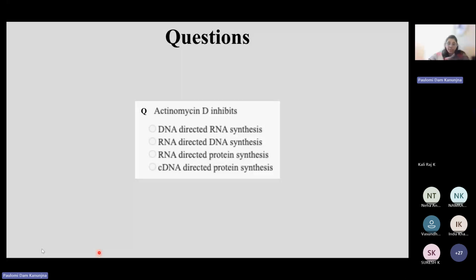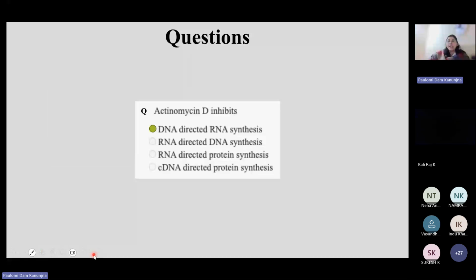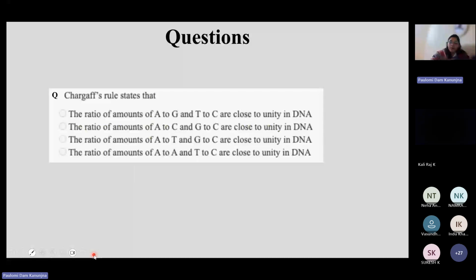Okay, so when he used actinomycin D, which inhibits DNA-directed RNA synthesis, he could see there was no transcription anymore, and the viral protein was not able to come out of the cells. Okay, right. This is what I wanted to come to. That's why I was holding you up.